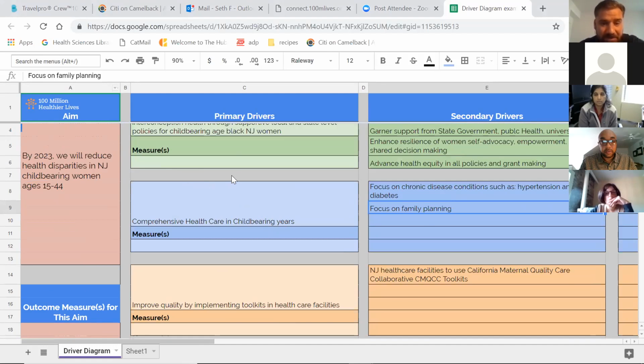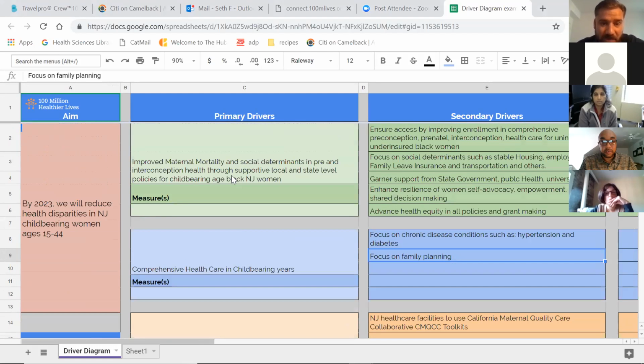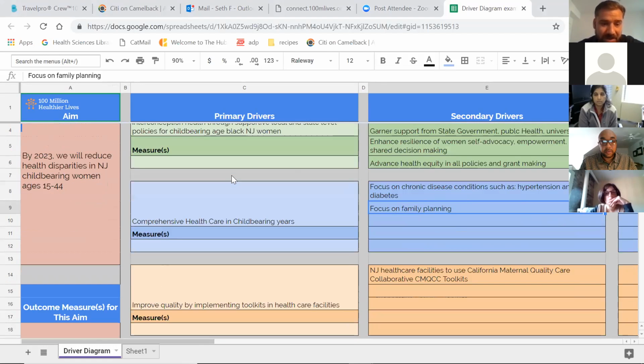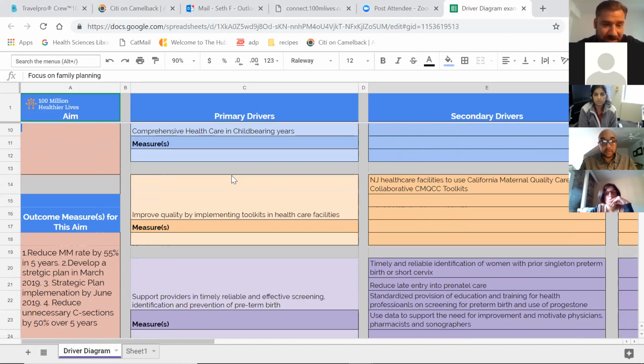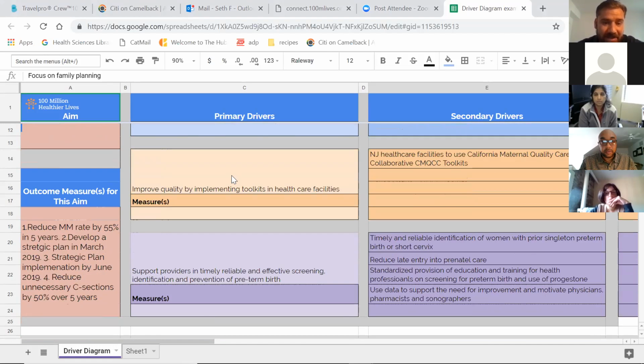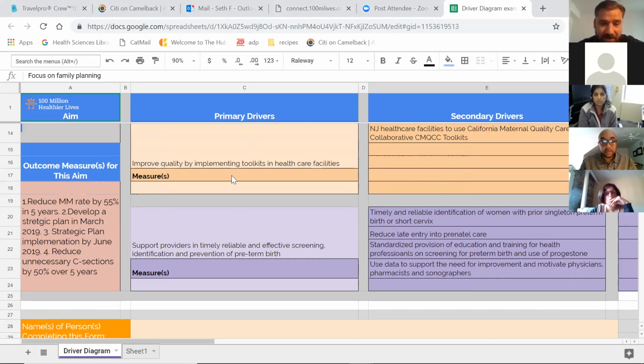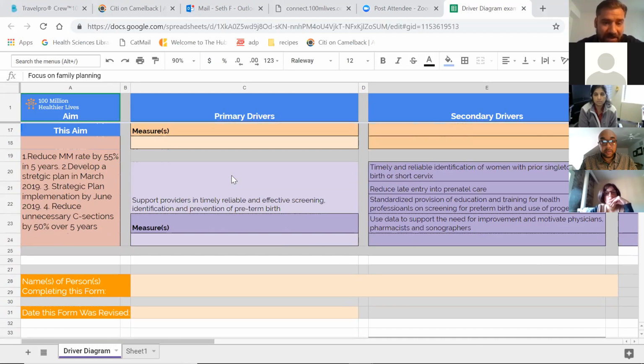I'm sorry, it's kind of hard to navigate the driver diagram on the screen here because of the size, but if we want to focus on those primary drivers identified to get to the aim, the things that need to be in place, we've got improved interconception and preconception health, comprehensive health care in childbearing years, improved quality by implementing toolkits in healthcare facilities, and support providers in timely, reliable, and effective screening, identification, and prevention of preterm birth.